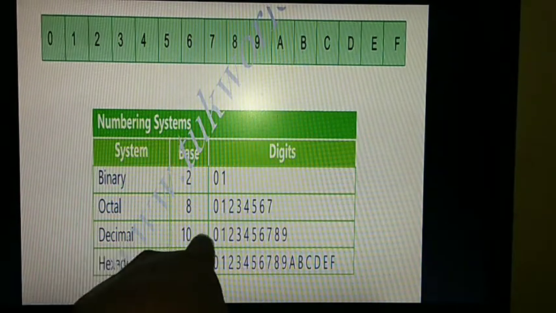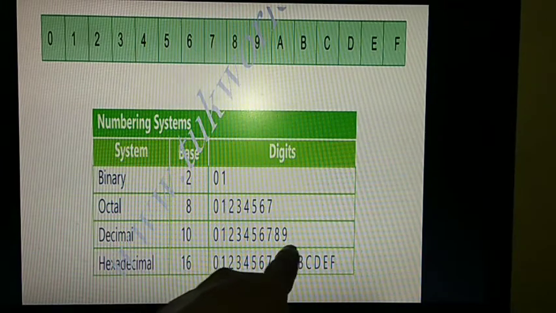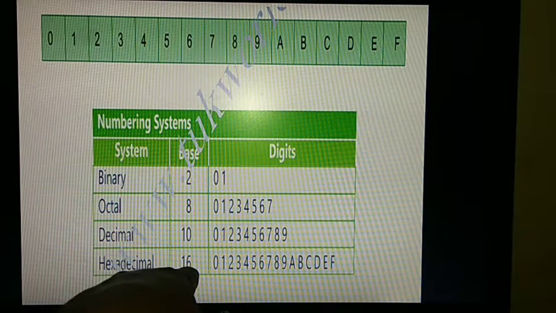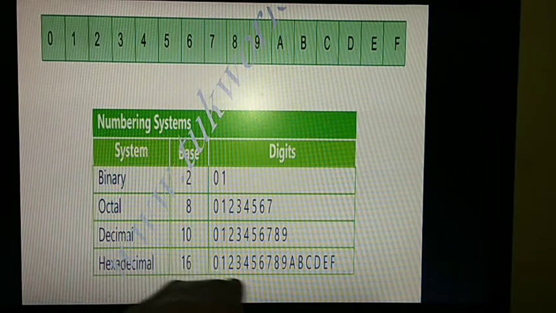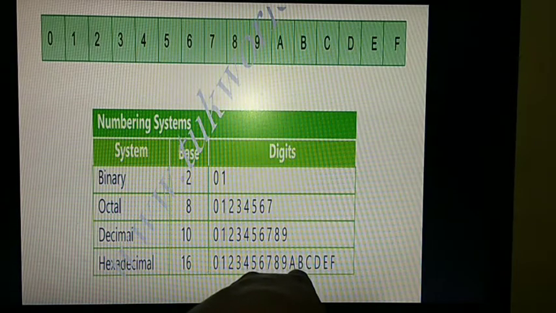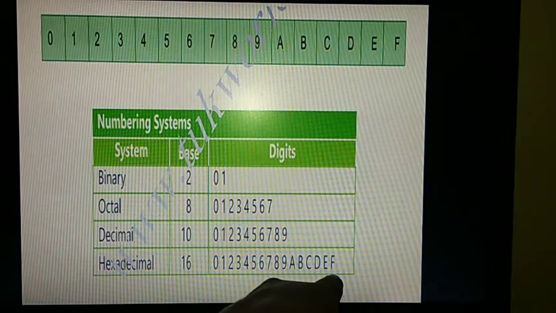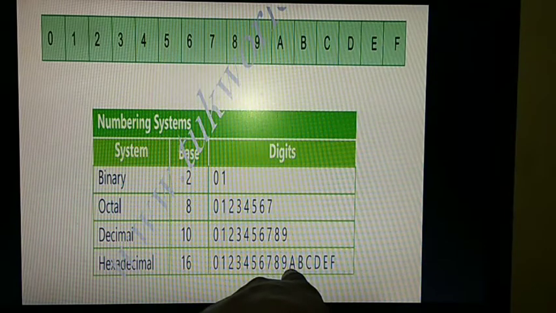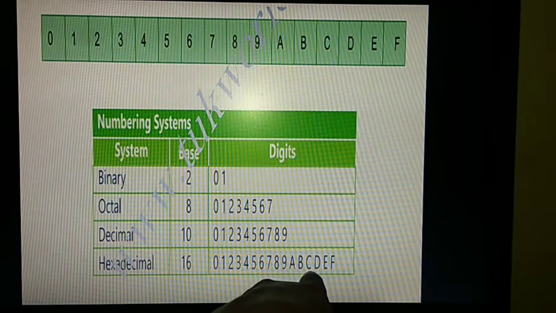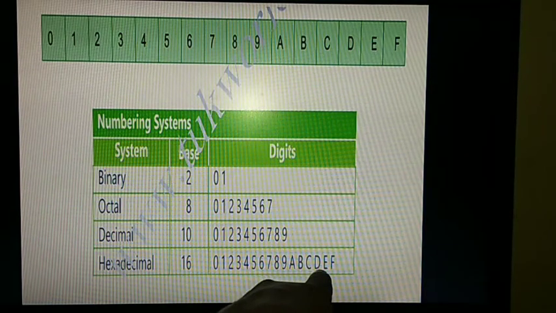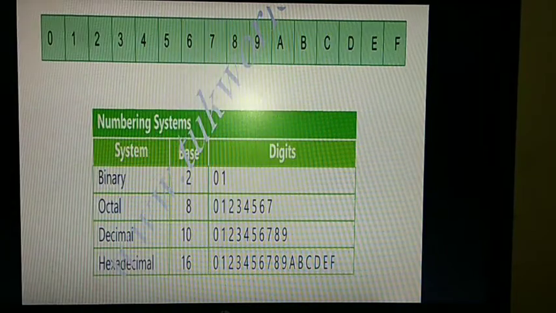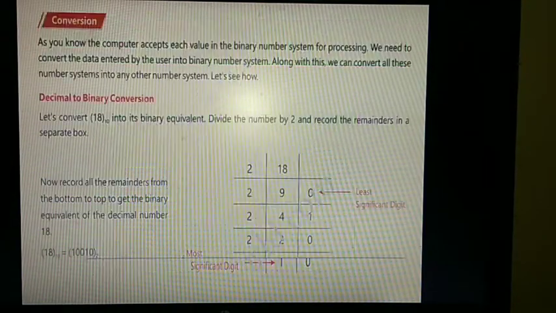For decimal we take 10 numbers from 0 to 9, and for hexadecimal we take 16 numbers, 0 to 9 and after that alphabets A to F, wherein A represents 10, B 11, C 12, D 13, E 14 and F 15. Clear? Any doubt till here?